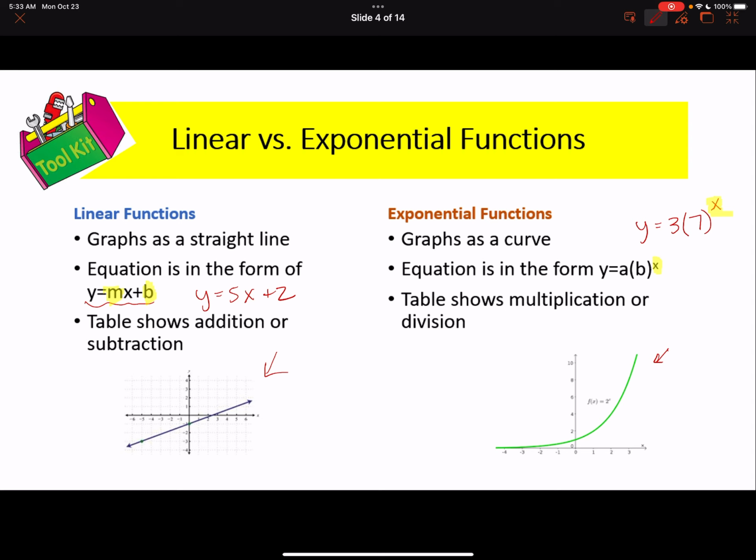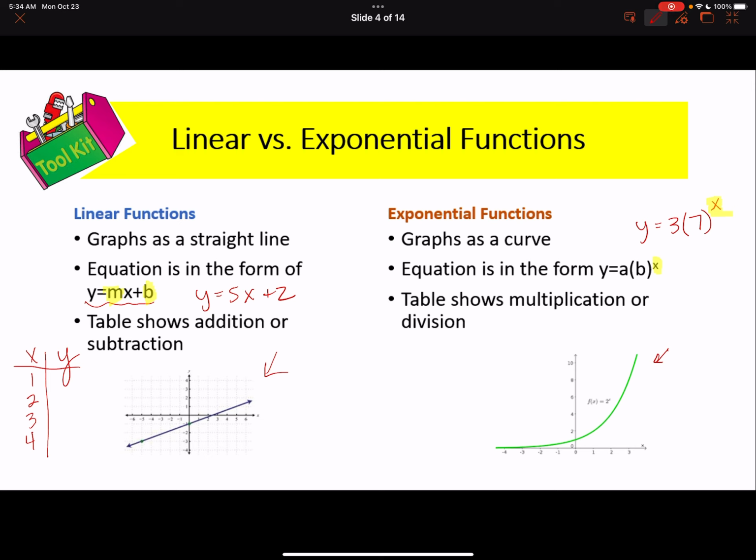And then if you have a table of values, kind of like the table of values that we just made, if it's linear, you're going to look for a pattern in the y variable.